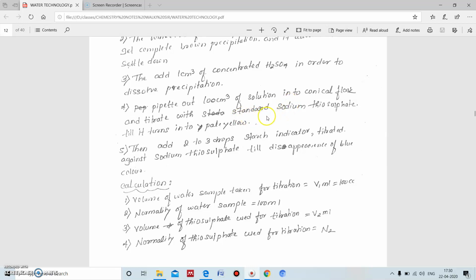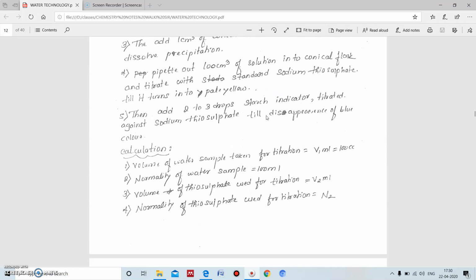Then the concentration of iodine is reduced in the conical flask and it becomes pale yellow. To that pale yellow solution we add the indicator so that it becomes blue in color. Then again we start the titration with the sodium thiosulfate solution till the disappearance of the blue color.